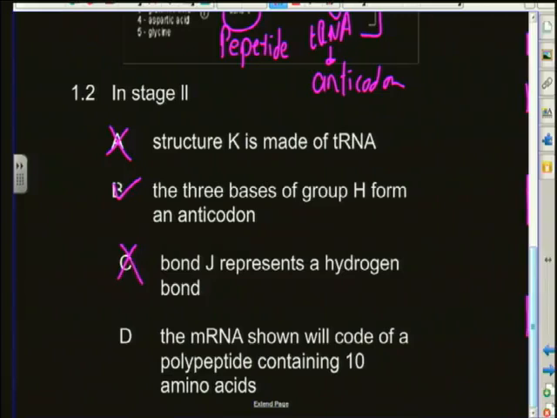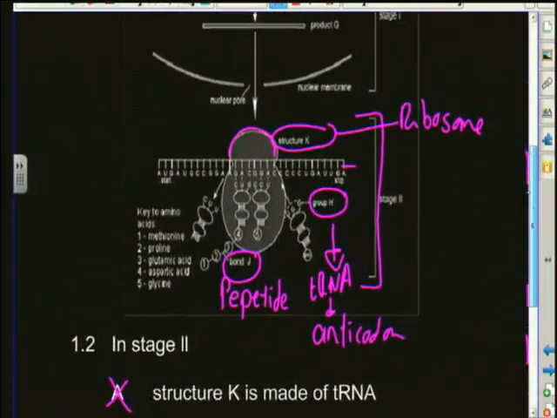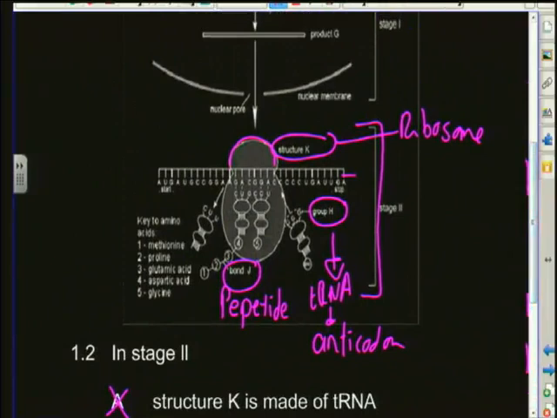So we know that it's definitely not number C. Number D, the mRNA will code for a polypeptide containing 10 amino acids. We can't tell from that. We're not quite sure how many amino acids it's going to code for, because only a portion of the diagram has been shown.